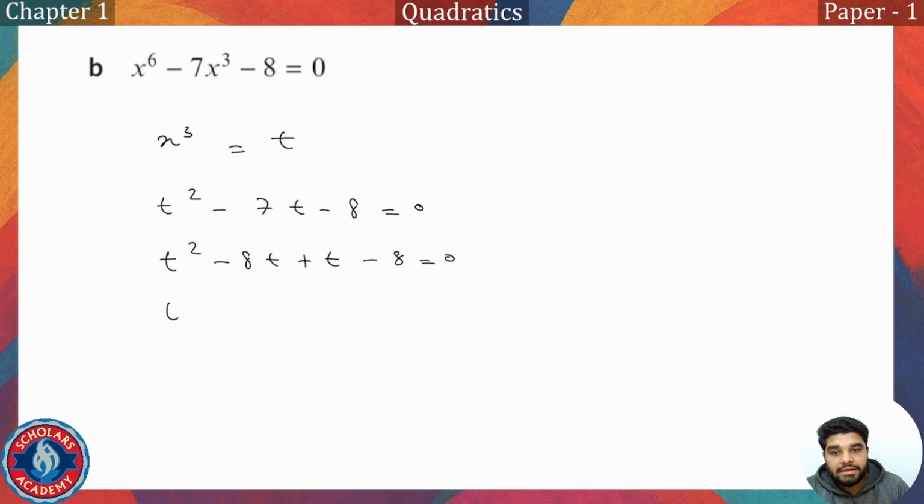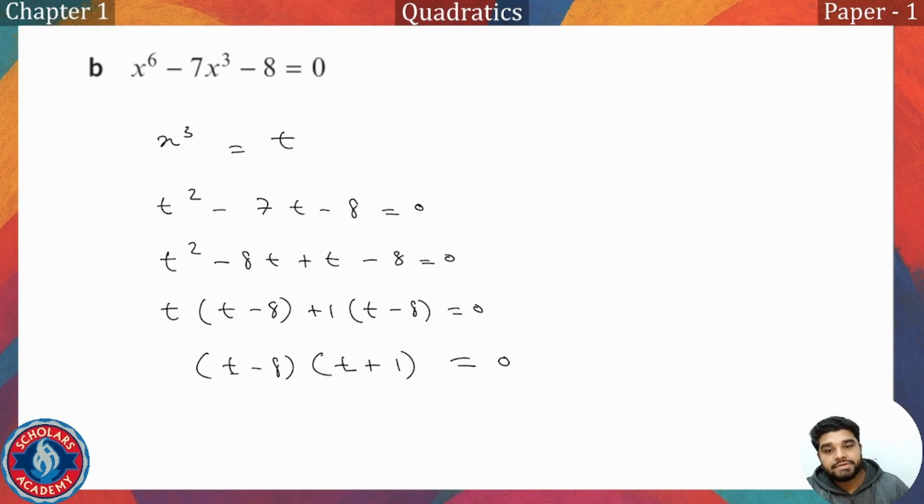Now I can take t common over here. I will get t minus 8, and again taking 1 common, t minus 8 is equal to 0. So one factor is t minus 8, and the second factor, taking t minus 8 common, is t plus 1, is equal to 0.